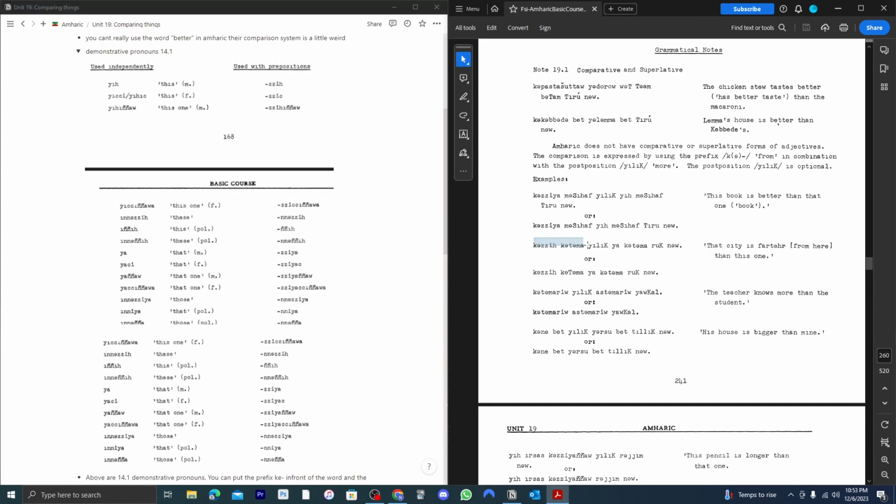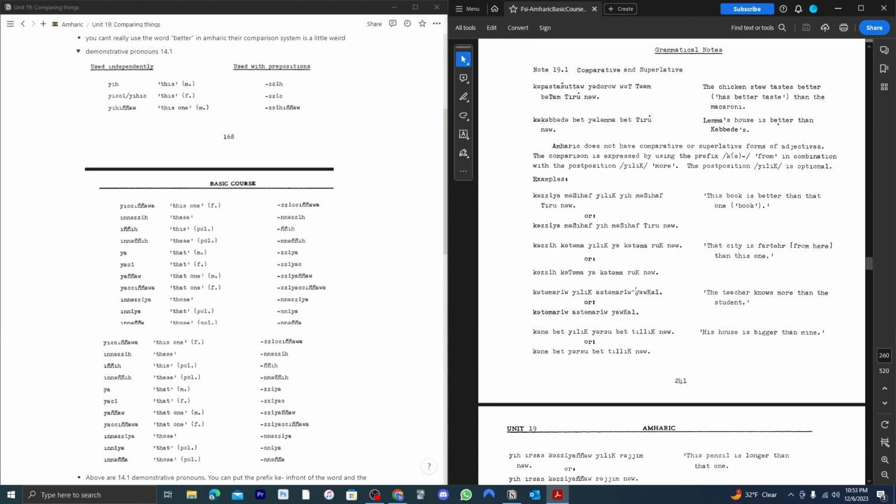Okay, so this city. Actually, I don't want to use the Yillik one. Actually, we'll come back to it. Kazia Ketama, this city. Compared to this city, that city, Ya Ketama, because Ya would mean that over here. That Ketama is further away. That city is further away from here. If you wanted to do the other way, Kazia Ketama Yillik, compared to this city, that city is further away. It's the same translation.